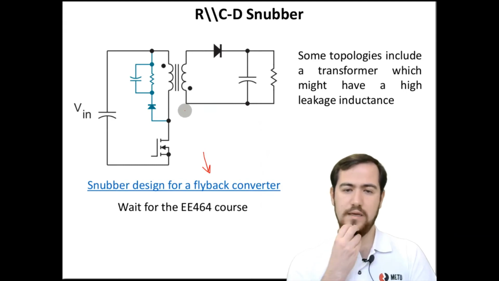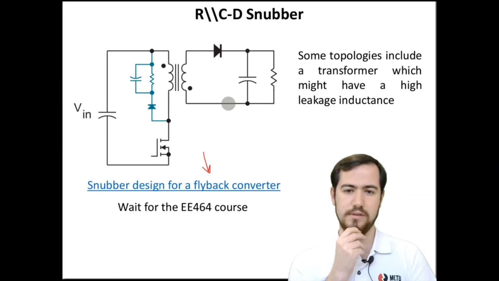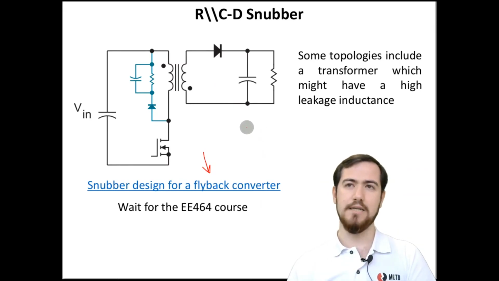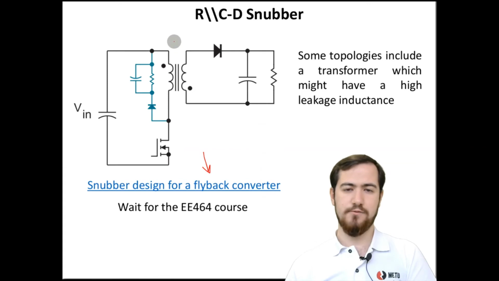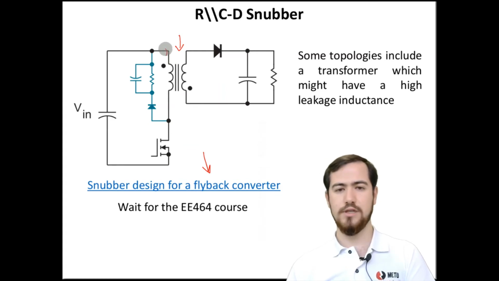So here we actually need to understand something important. Some topologies include the transformer, and some topologies do not include. So if there is a transformer on this converter, it should have some leakage inductance, which actually acts as a power loop inductance.